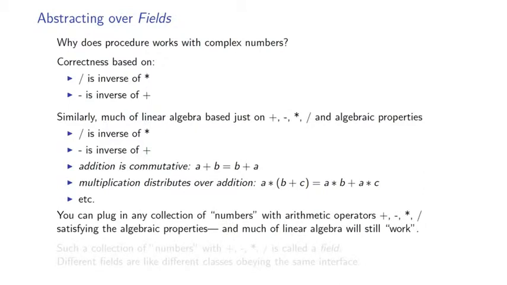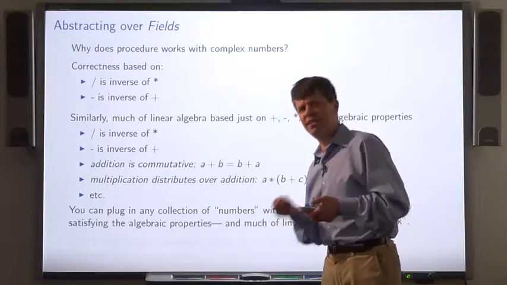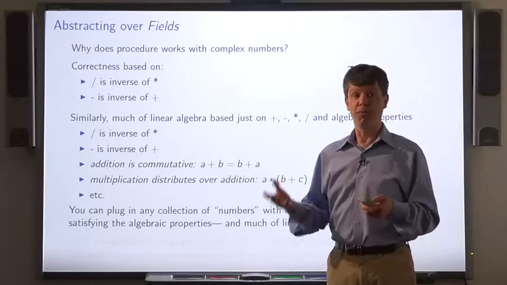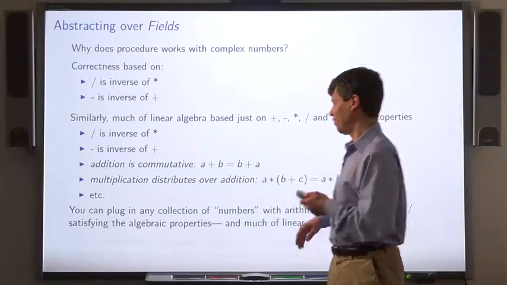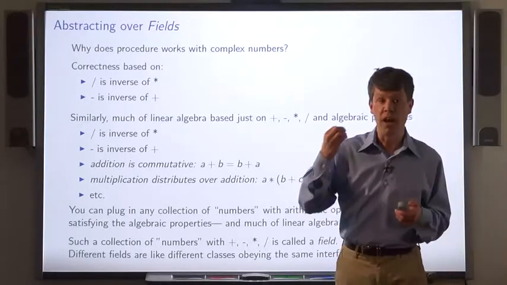So you can plug in any collection of numbers with their own arithmetic operators, plus, minus, times, and divide. And as long as these satisfy these basic algebraic properties, you can do linear algebra with that kind of numbers. A collection of numbers that has these properties is called a field.